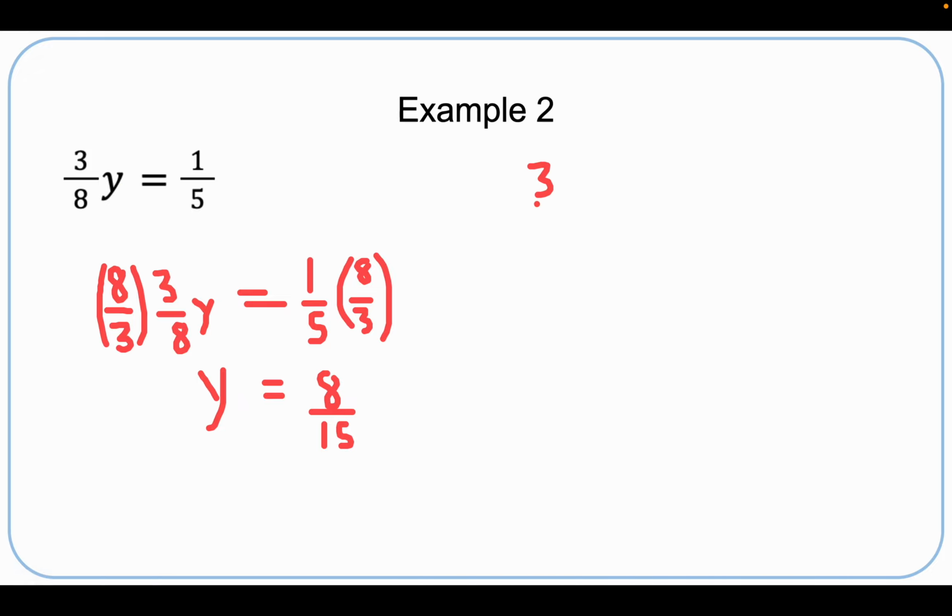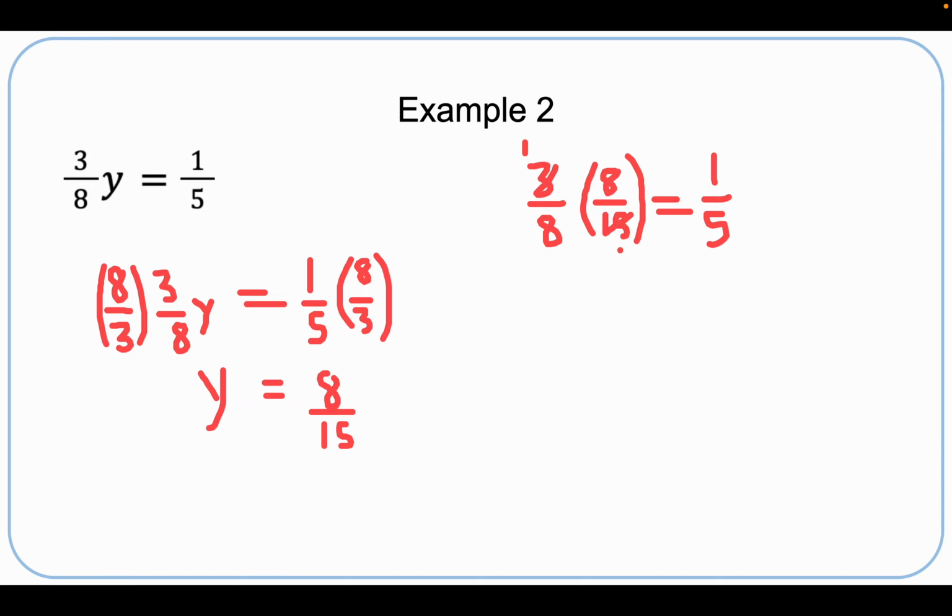So I'm going to rewrite this 3/8. I'm going to put parentheses for the solution that we're plugging in, which is 8/15, and set it equal to 1/5. Now we can do some cancellation here to simplify this.